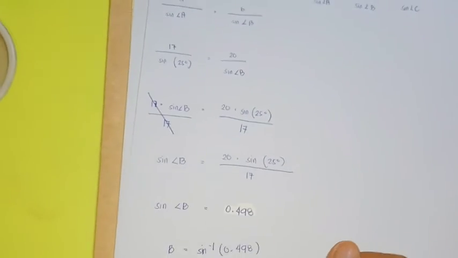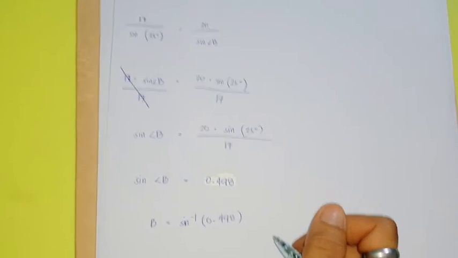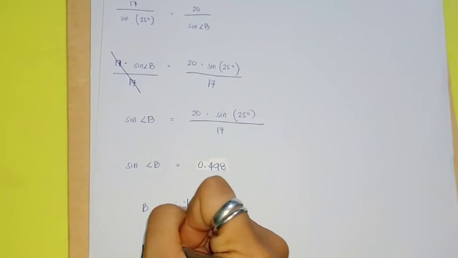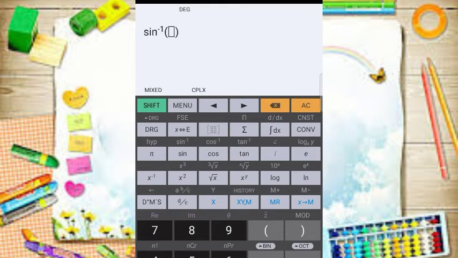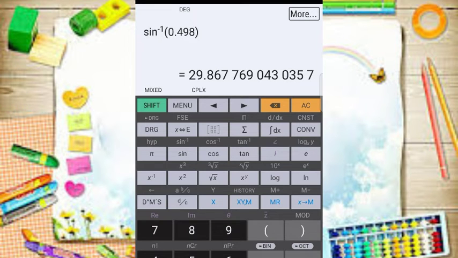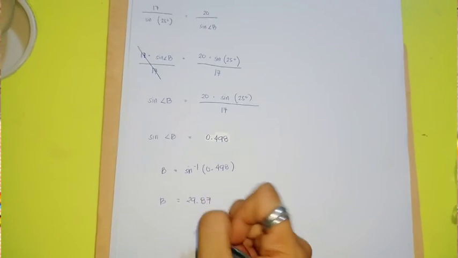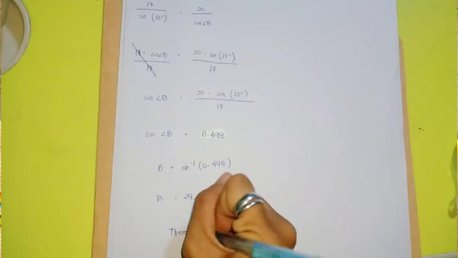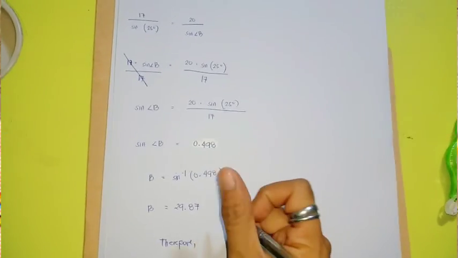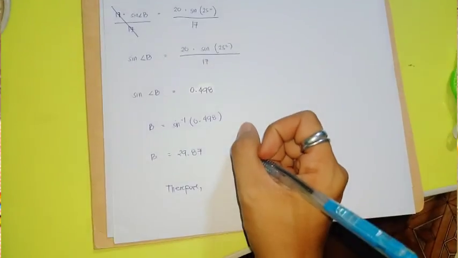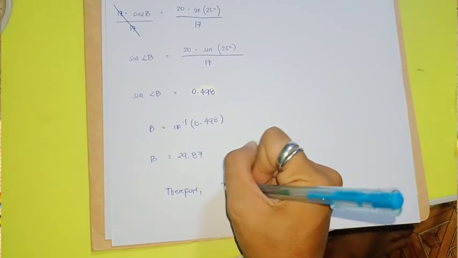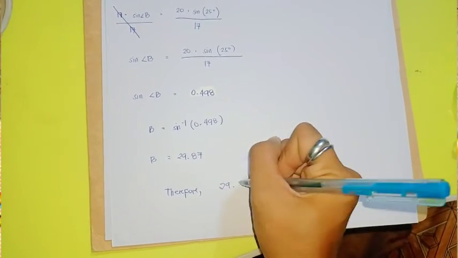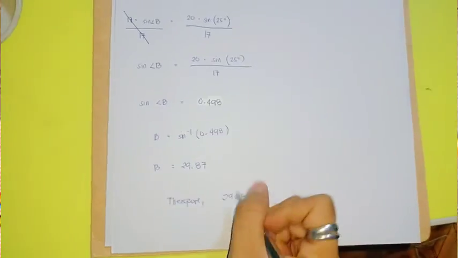So we're going to use our scientific calculator. So therefore, our B is equal to 29.87.